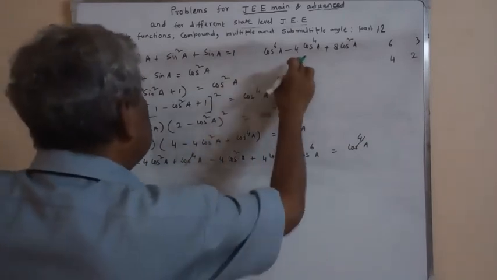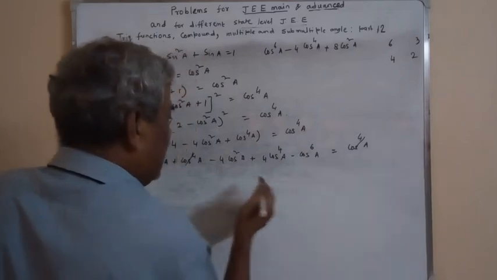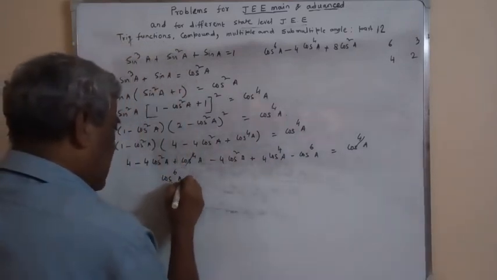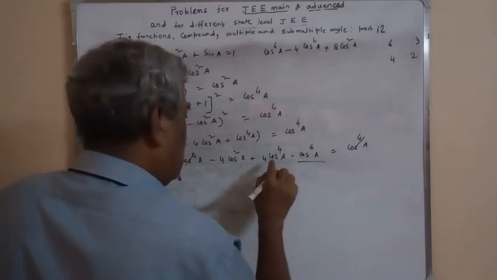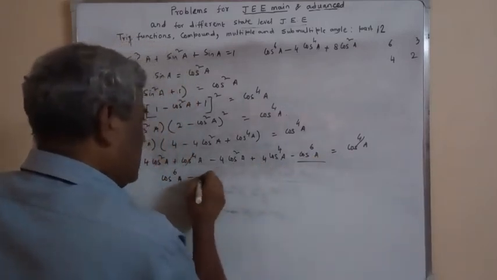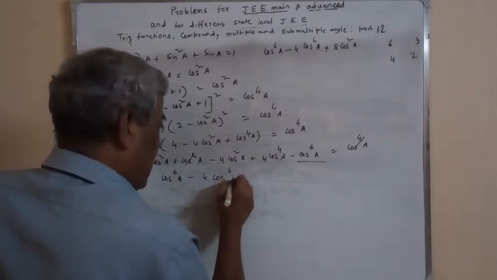We have to find this value. So take all into that side, in the right hand side. So this is cos to the power 6A. I have taken this; cos to the power 4A is there, so minus 4 into cos to the power 4A.